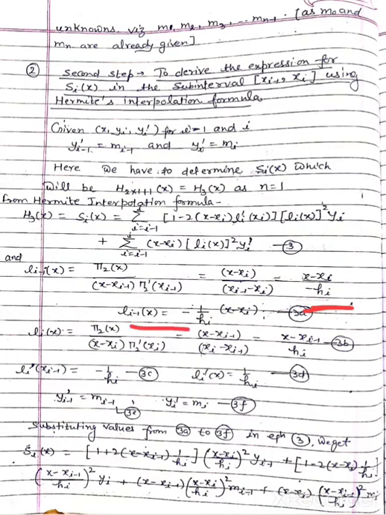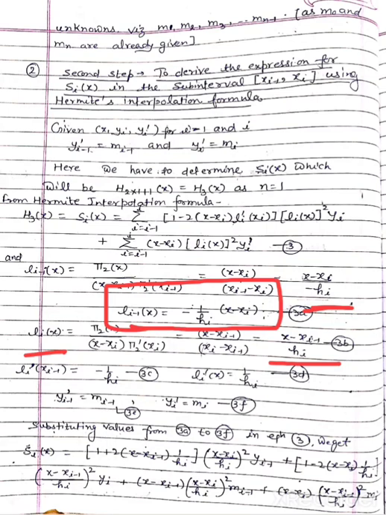So we get the value of Li minus 1 x, and similarly we get the value of Lix. We get the value x minus xi minus 1 over hi.